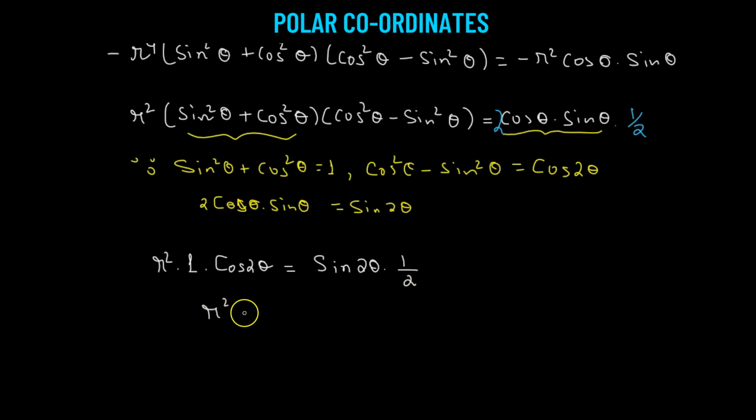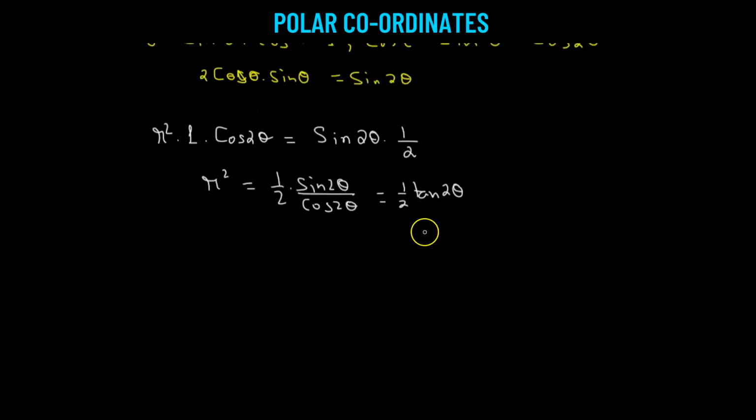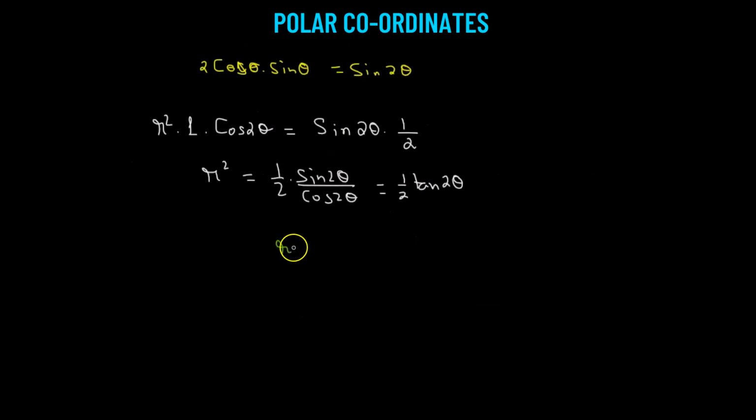So we get r squared equals half times sine 2 theta divided by cosine 2 theta. Now this ratio, sine over cosine, is nothing but the tangent function. So we have half tangent of 2 theta. That means we now finally have the polar equivalent of the original equation. So that will be r squared equals half tangent of 2 theta. So this is the final expression.